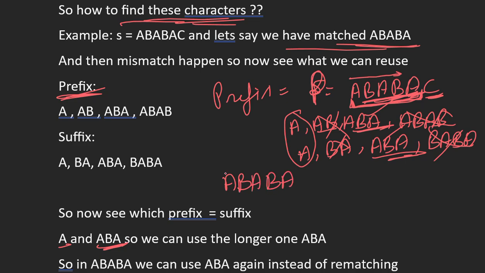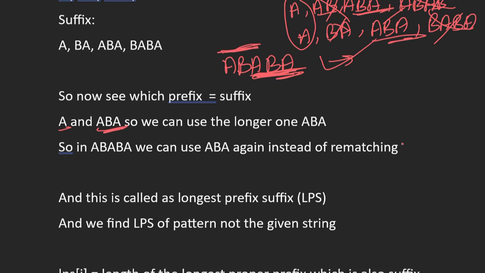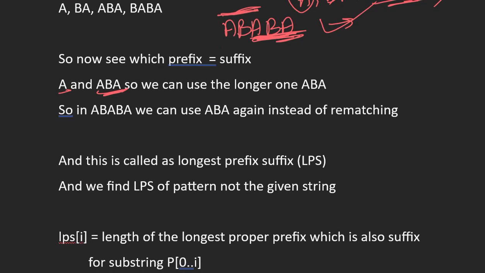So instead of starting from index number 0, see, this is the final part of the matched part, and this is the initial part, ABA. If we shift our pattern, can't we reuse this ABA part? Yes, we can reuse it. So how have we found this ABA part?